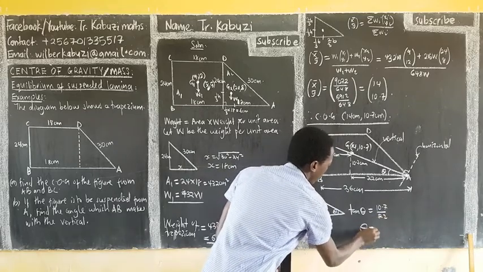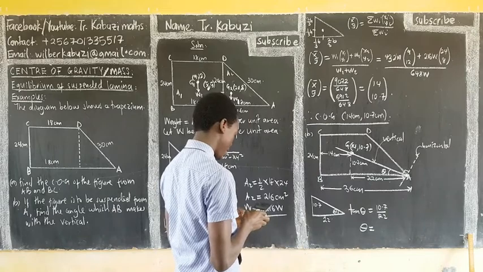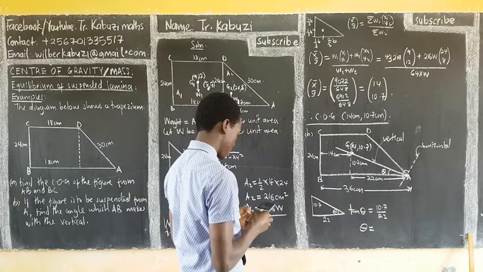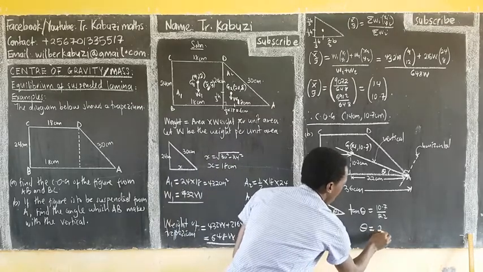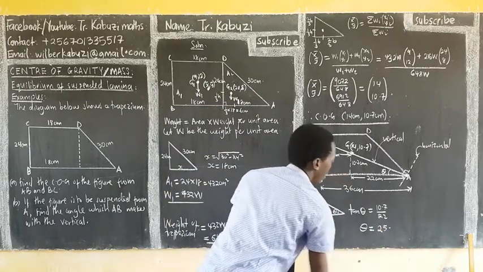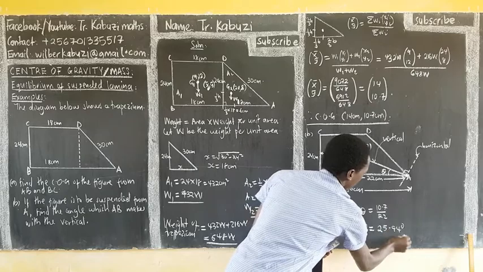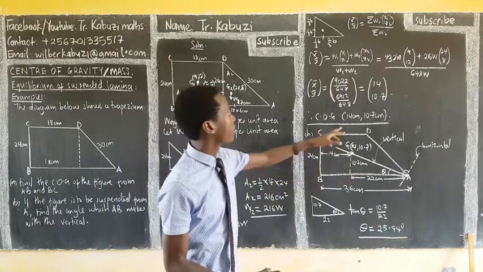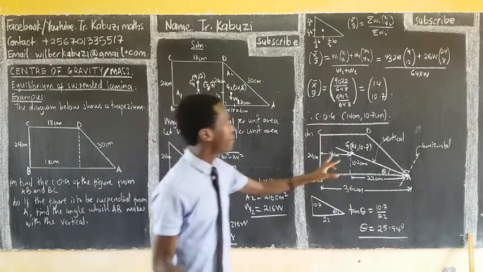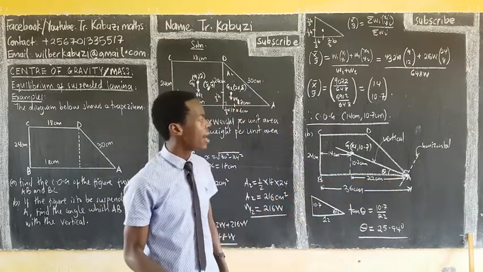And from there, our theta is going to be, so I'm getting 25.94 degrees, and that is going to be the angle this vertical makes with the horizontal.